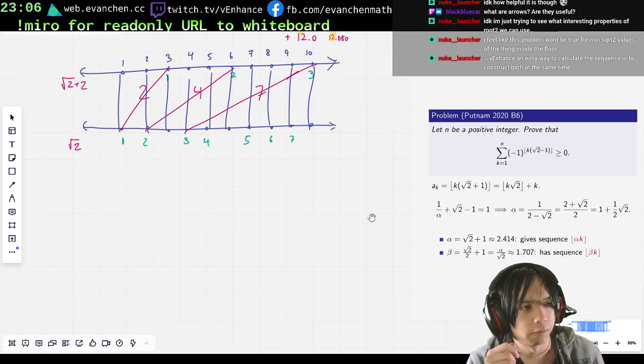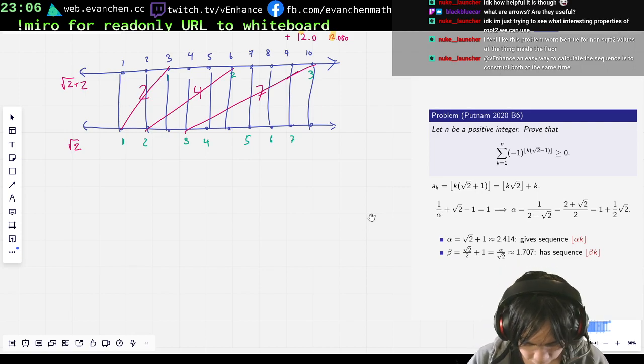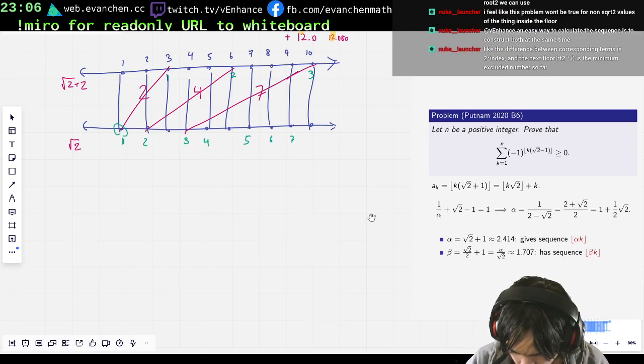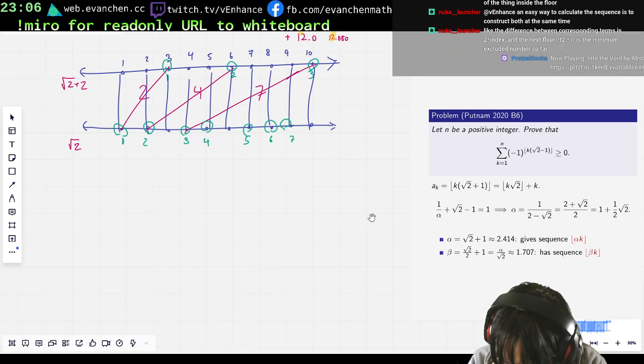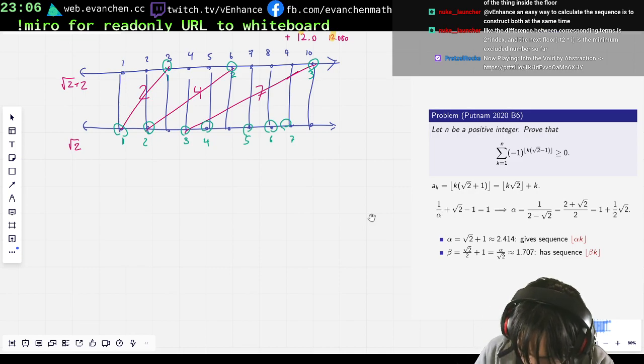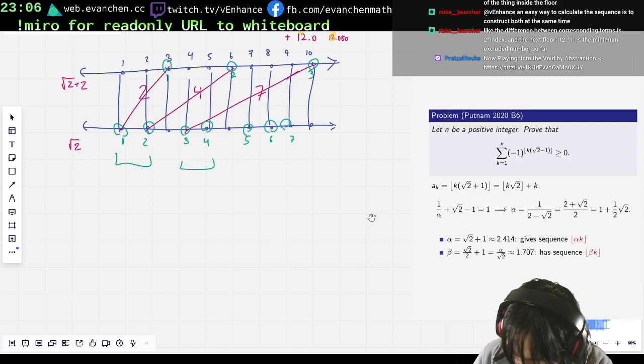Okay, so I agree. So we have some sort of partition, and... Yeah, it's like the average of them. We also know that these blocks are always in chunks of 2 or 3.